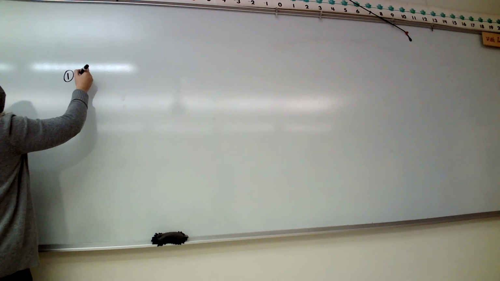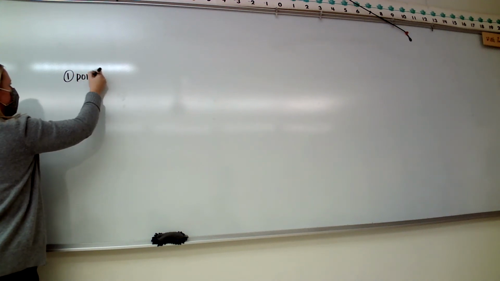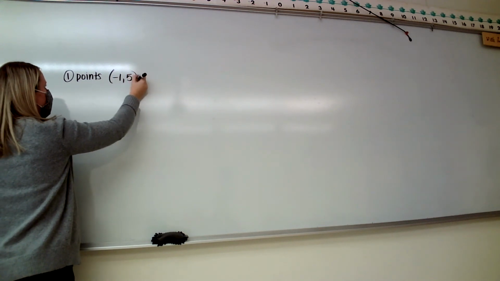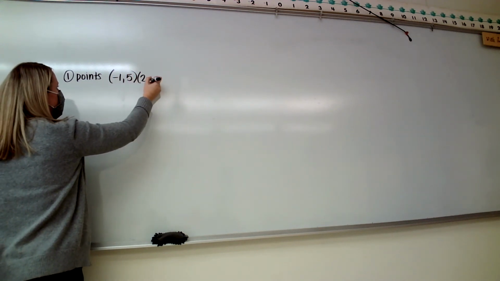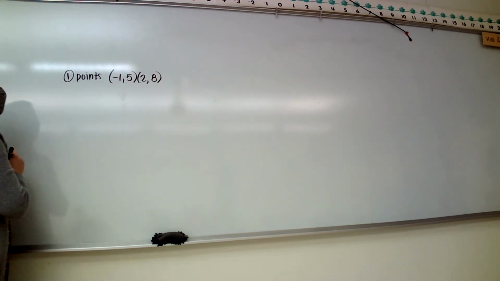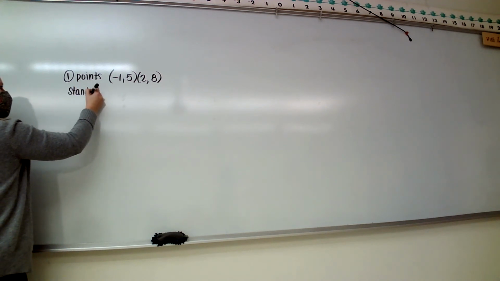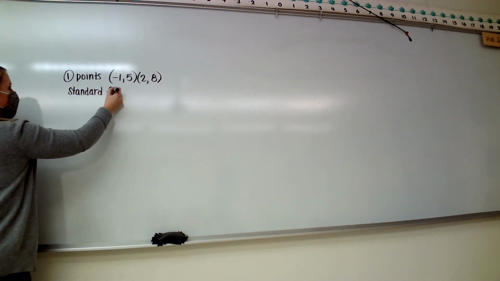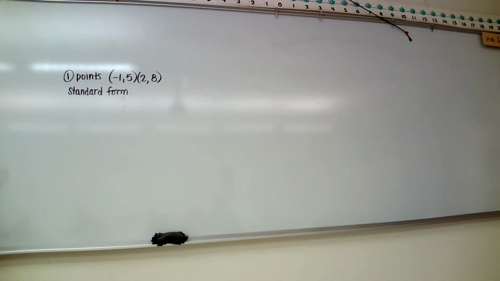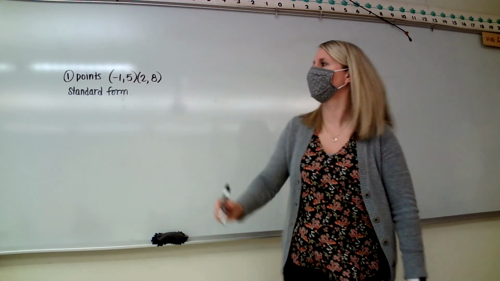I'm going to say we have a line that goes through the points -1, 5, and 2, 8. Can you write an equation in standard form? Remember standard form? That information means a whole bunch of nothing, so you use another form and then rearrange it. So that's where the rearranging comes in.